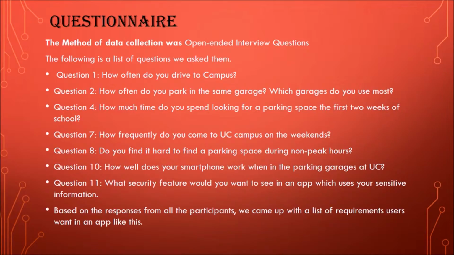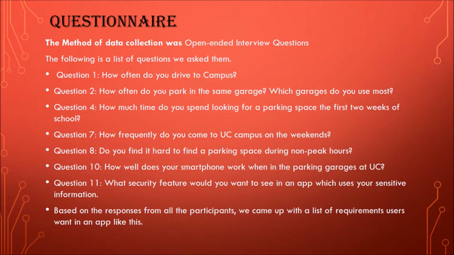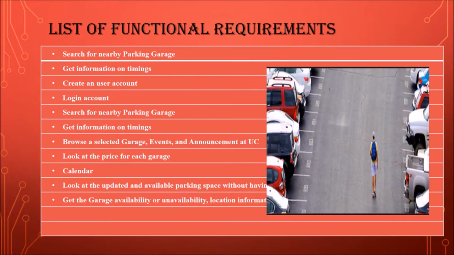Based on the responses from all the participants, we came up with a list of requirements users want in an app like this. We identified this list to be the list of functional requirements.